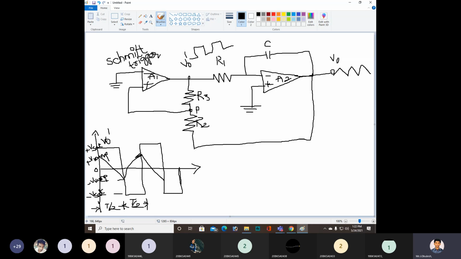This total is T1. This is T2. Assume that second full cycle, T2. So this is the V0 actually.